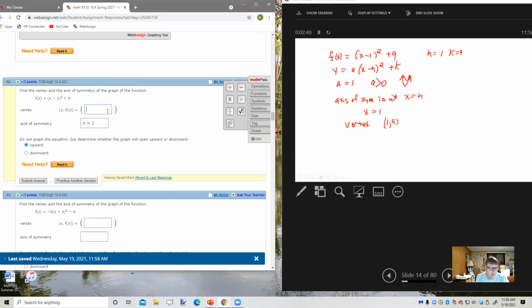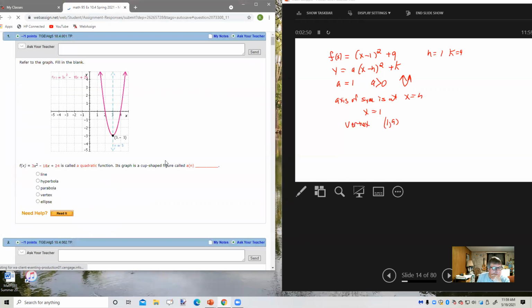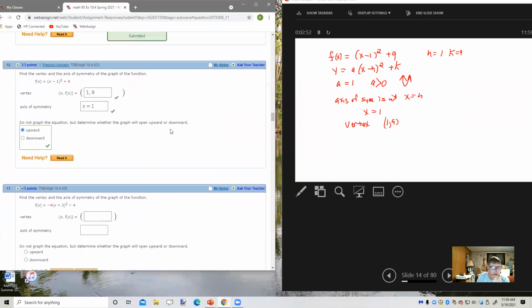So back here, 1, 9. And let's see what it says. All right. So the axis of symmetry is at x equals h, which is the 1. The vertex is at h, k, so 1, 9. Because a is positive, this thing opens upwards.